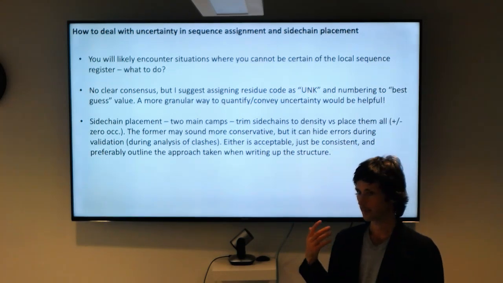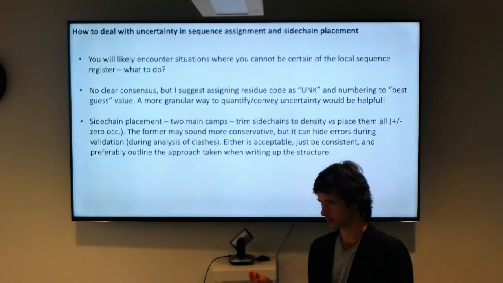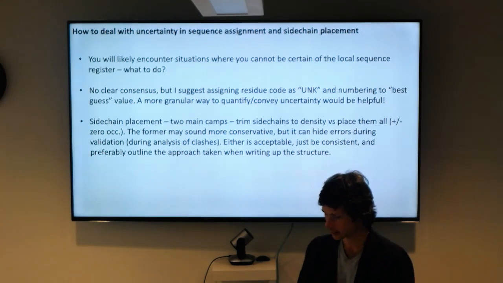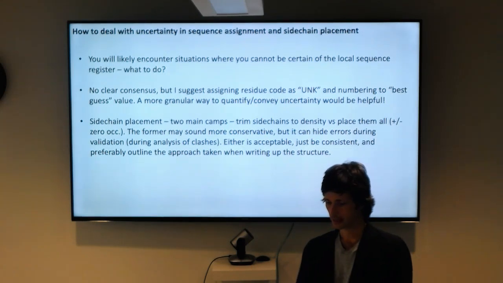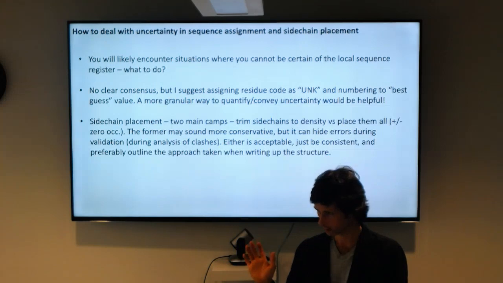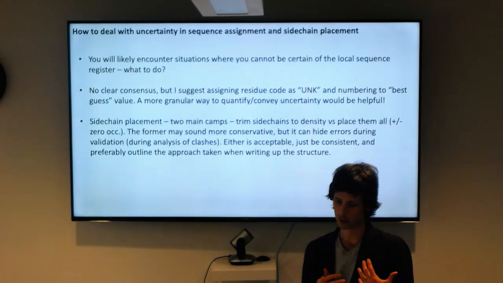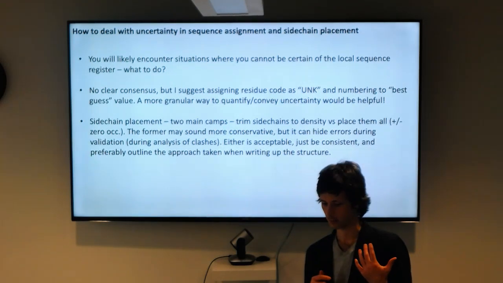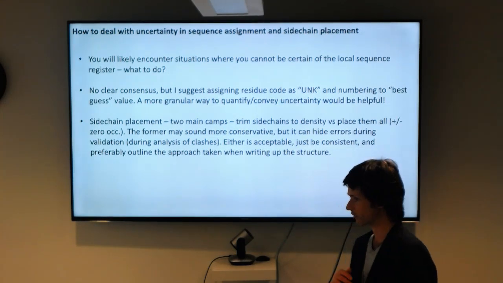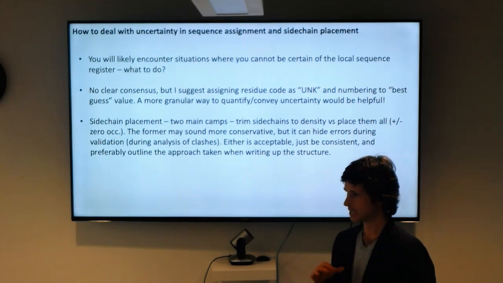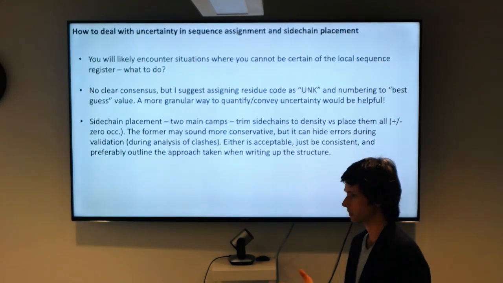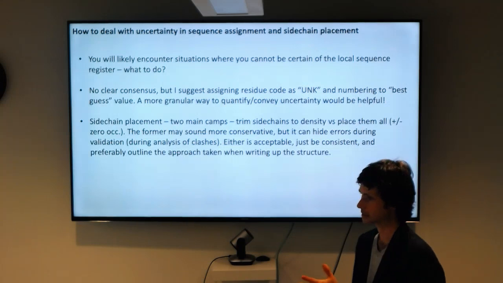So if it's a phenylalanine but you don't see the phenylalanine ring, trim it back to an alanine. And the other camp is place all of the side chains because we know that they're there, and then take care of annotating the occupancy of them either by refining a B factor or by manually assigning zero occupancy to the ones where we can't see any density.